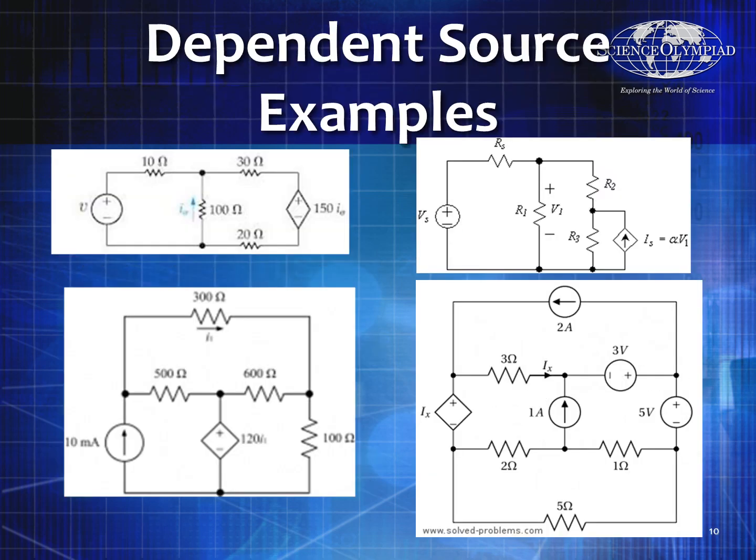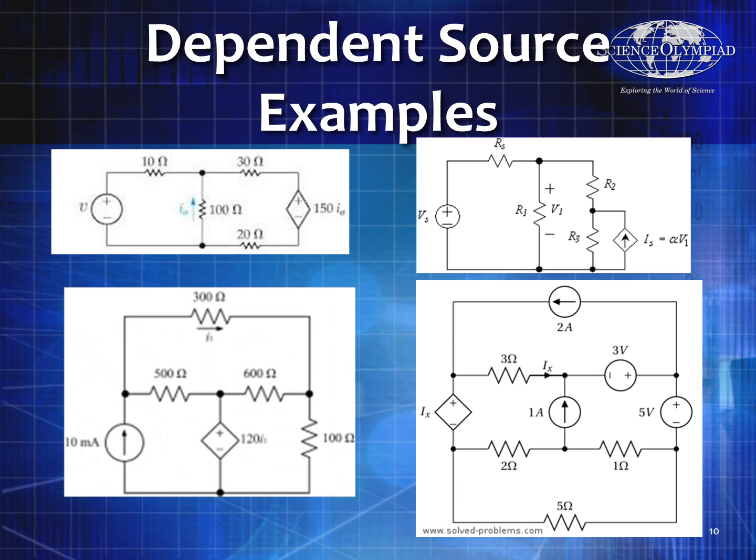So if we look here at an example, these are just some examples I grabbed off of Google really quick. If I've got in the upper right hand corner the current going through the 100 ohm resistor, I then get a voltage on the right hand side equal to 150 times that current.